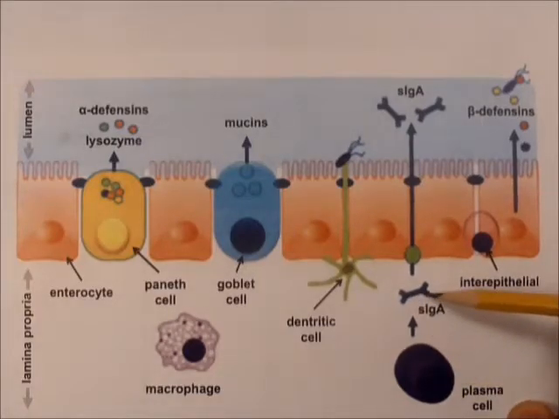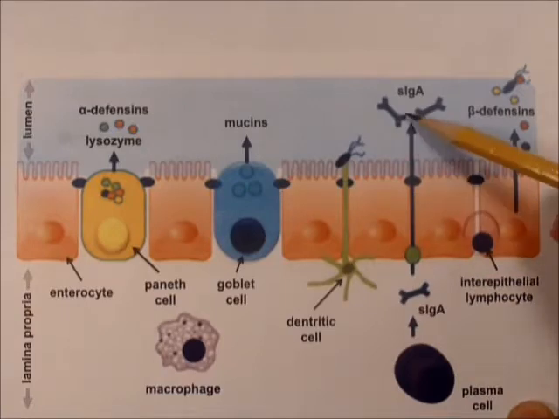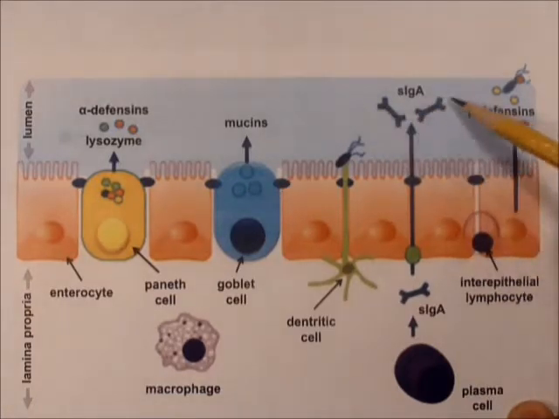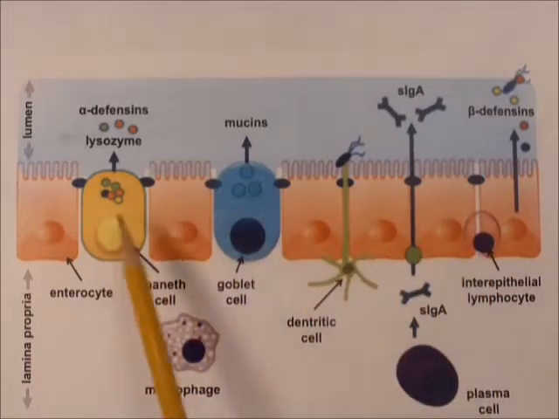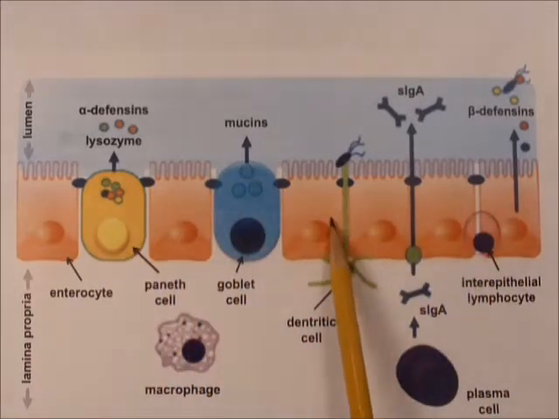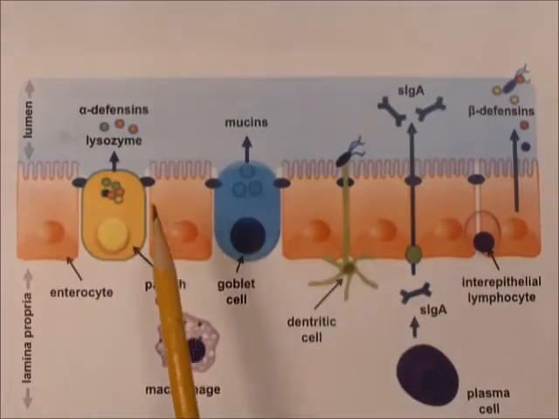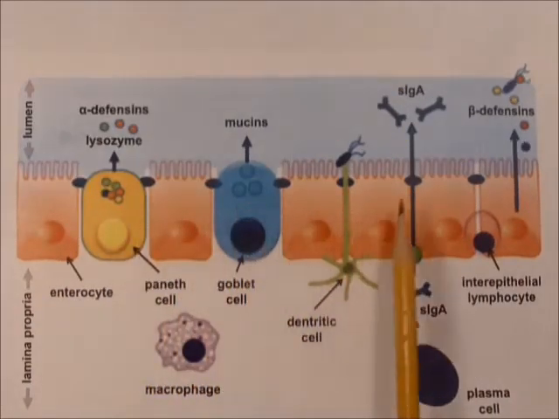It's making these little antibodies. These are IgA antibodies that are going up between the cells and out, and they're sticking to pathogens out here. And here's another immune cell sitting in here, producing things that are going to go out and attack the pathogens. So we definitely don't have a dead surface here. This is much different from skin. Because it's not dead, we need a lot of protection going on.